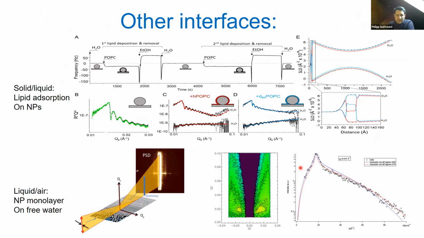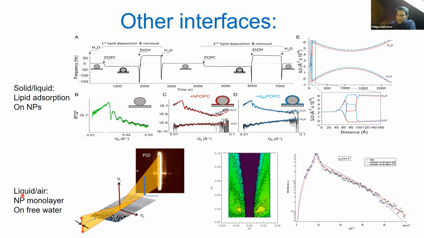And now to finish up, we can not only do this at the solid vapor interface, but also the solid liquid interface. So here are nanoparticles also on silicon substrates in water, and which are covered by lipids. And by a combination of specular reflectivity and GISANS, we could prove that the lipids go on top of the nanoparticle and on the substrate.